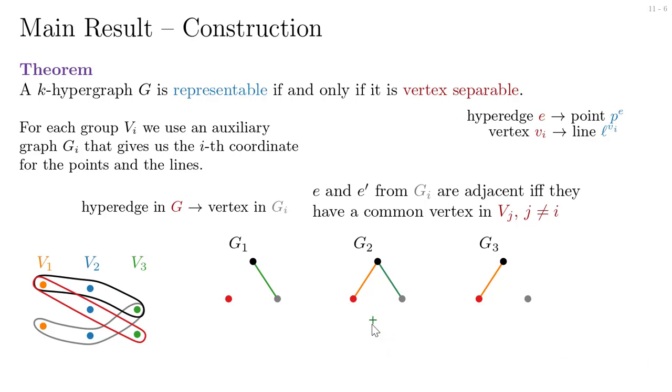Similarly, we can create edges in G2 and G3. Now we count the connected components in every auxiliary graph Gi and give them numbers. For example, G1 has two connected components, the red vertex here and these two vertices, and we give the corresponding vertices numbers 1 and 2.